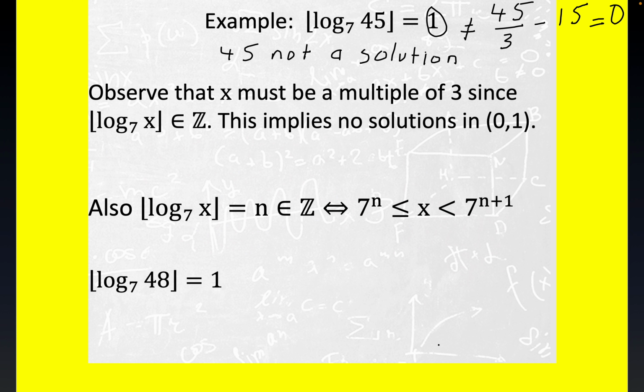then see if we can reason through that this is one solution, and I think there's one other solution. But notice that this is equal to 1 because 48 is between 7 and 7 squared, just like before.